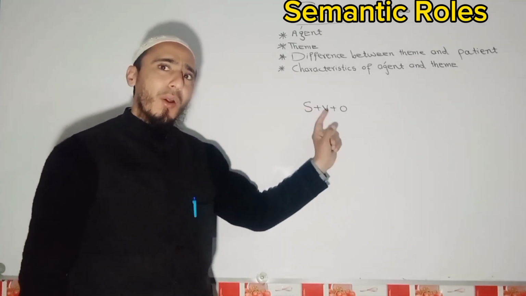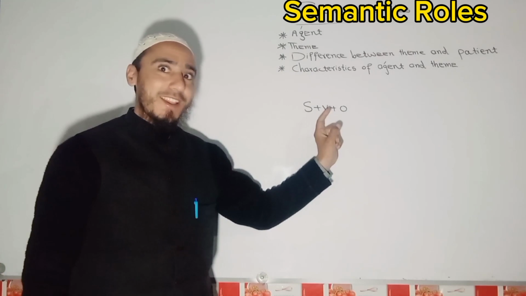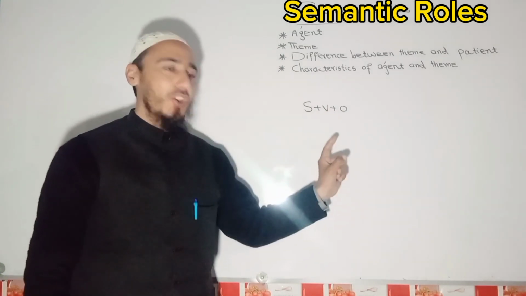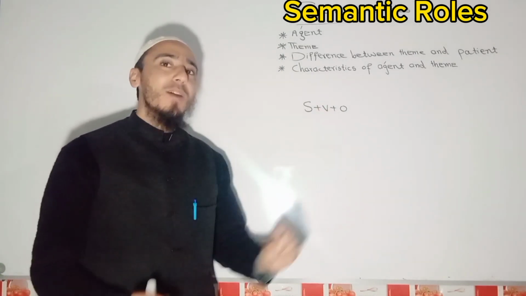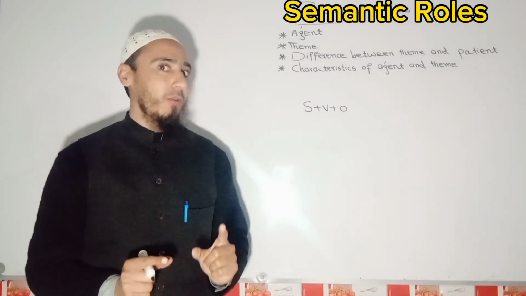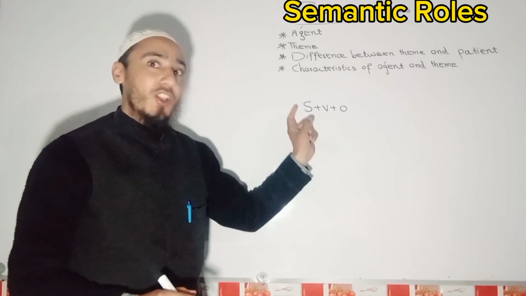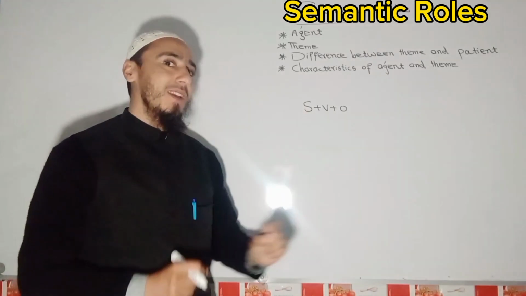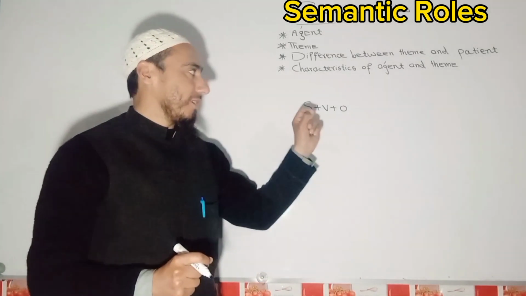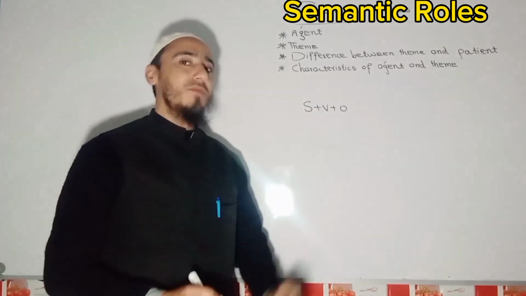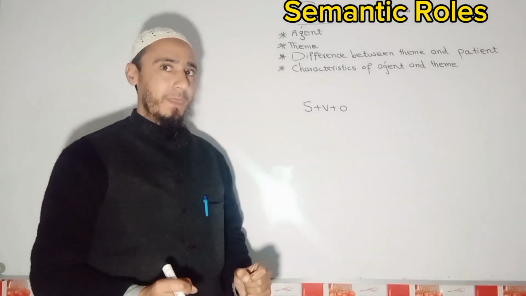However, verb is talking about the event and the action. So if a verb is talking about the physical action, then definitely the role of the subject will be changed, and along with this, the role of the object will be changed.